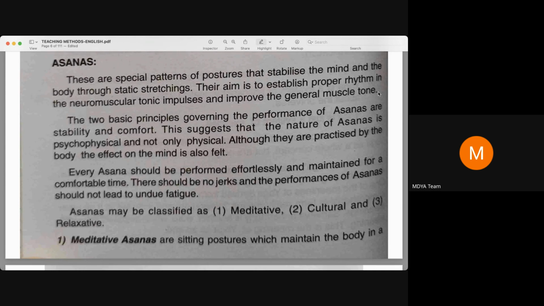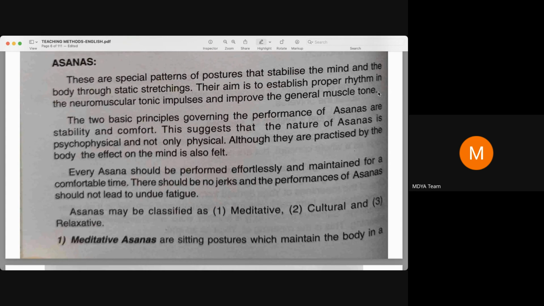Shashankasana will come in the relaxative poses. That's what I'm saying. It is relaxative when you do backward bending. If you do Ustrasana, then you can go to Shashankasana. You may relax yourself.